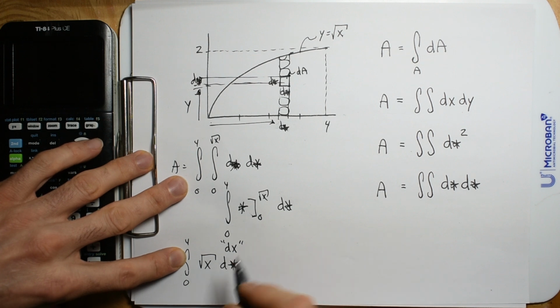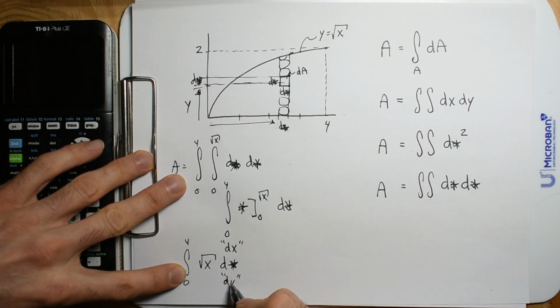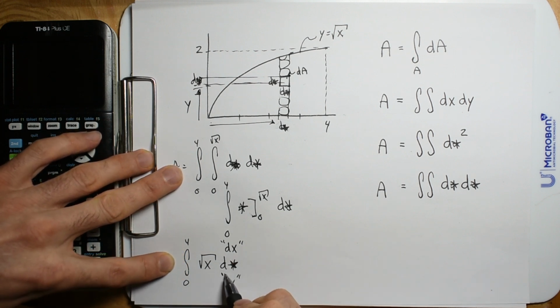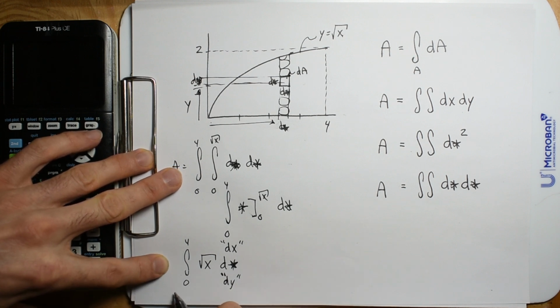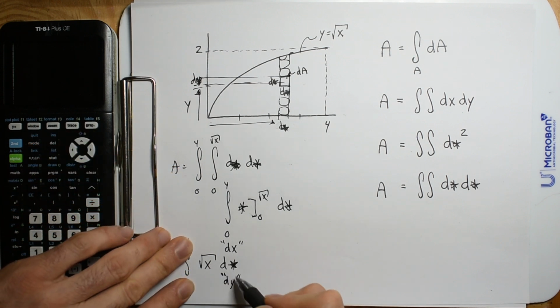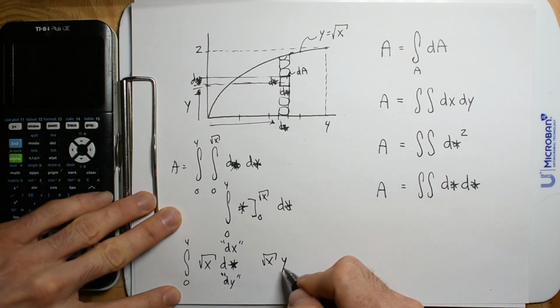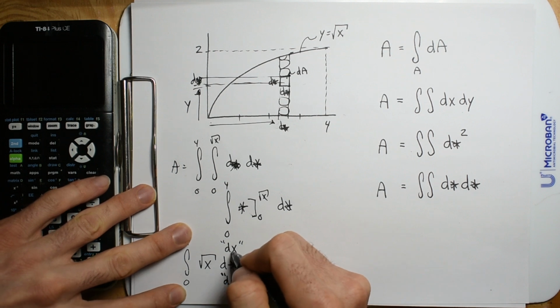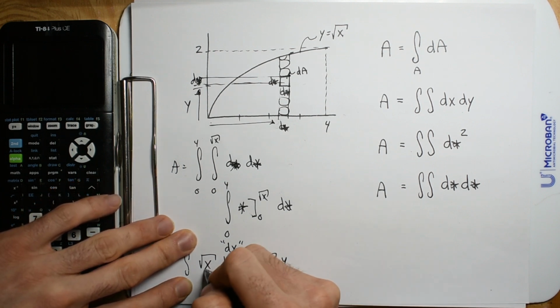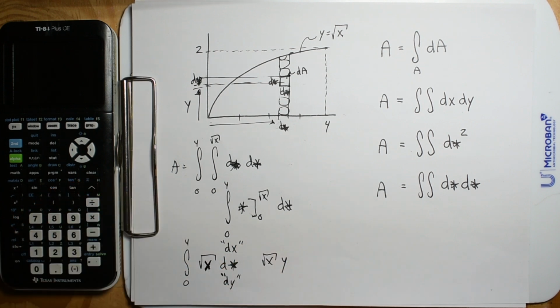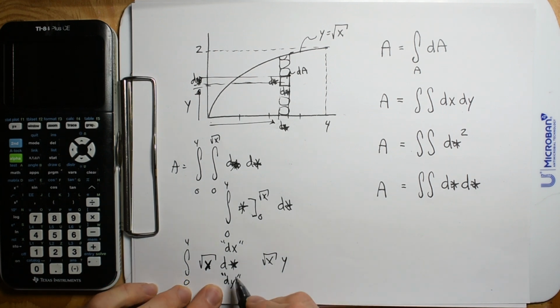If this isn't dx, if this is actually dy, then when we integrate this equation, we just get square root x times y. But if this is dx, then this actually integrates like you would normally. All right, so I like this corner that I backed myself into, and let's just assume that it's dy.